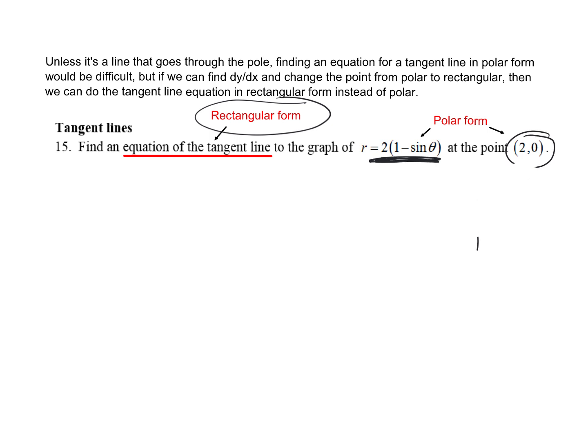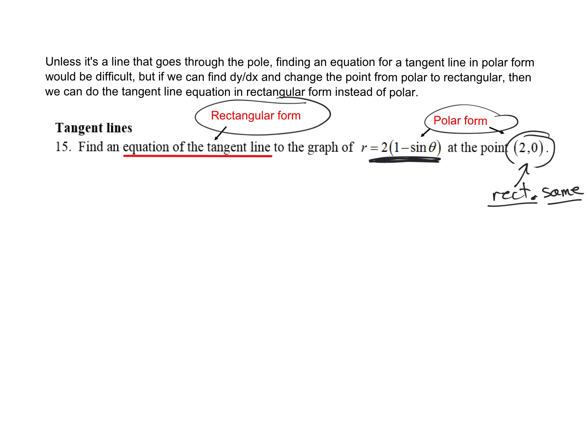That's not always the case, it's just for this particular point it was the same. So you always want to get the point that they gave you in rectangular so that you can plug it into your point and slope form for the equation of the line.